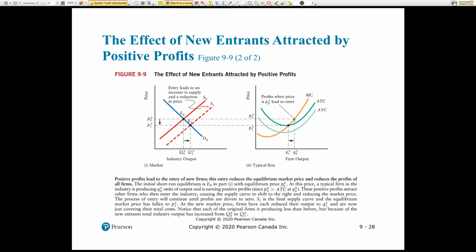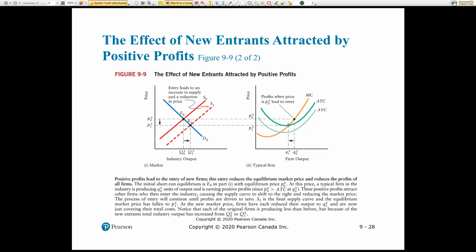You see that P0 is higher than average total cost, so firms make a profit. And then what happens? Well, new firms enter the market, so the supply shifts, right? Then the price is going to slowly but surely go down because the supply increases, so consumers are not as willing to pay as much as they used to.